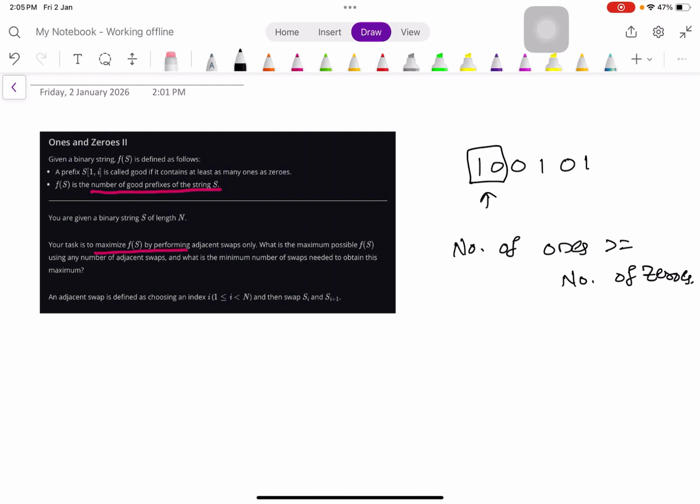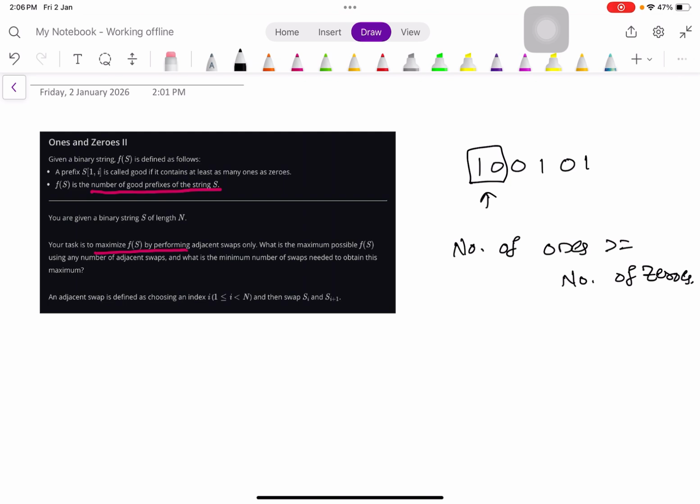Now the question says we need to find the number of good prefixes from the given string s. They are also giving us an operation that we can perform: we can swap adjacent characters present inside the string.